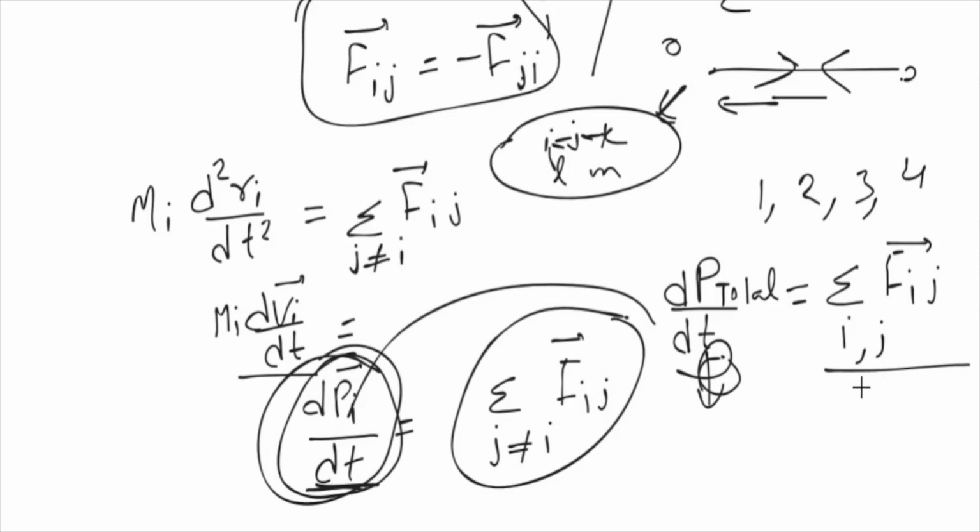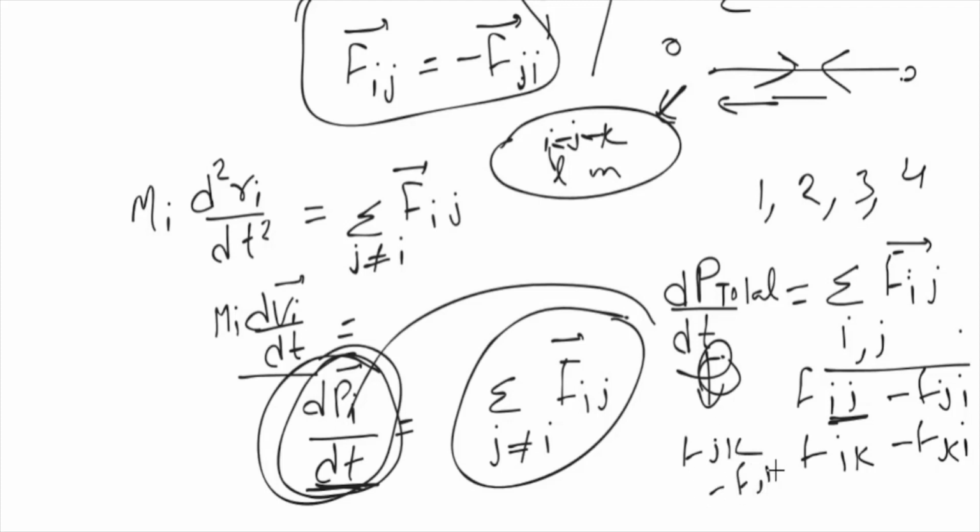Now what do we get on the right hand side? We get 0. Why? Because each pair of particles is counted twice. If one force is F_ij, then another force will be minus F_ji. If one force is F_ik, then another force will be minus F_ki. If one is F_jk, then another will be minus F_kj.